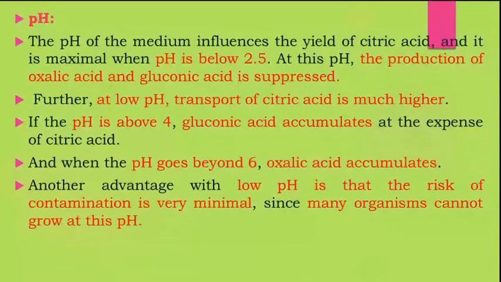Only if it is at 2.5, the suppression of these two side products can be obtained, and exactly the citric acid will be produced. And if it is above 4, then the accumulation of gluconic acid will occur. If the pH is beyond 6, then oxalic acid will start being produced. So the pH range is very important.